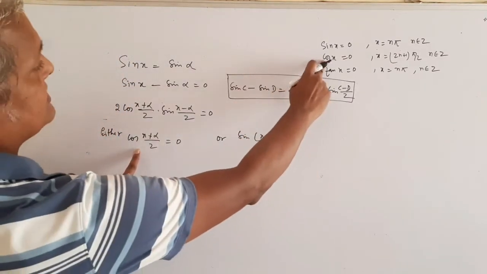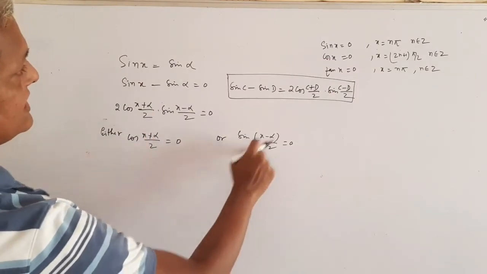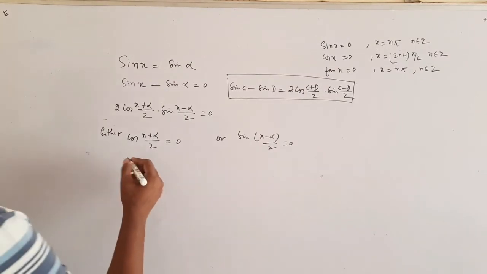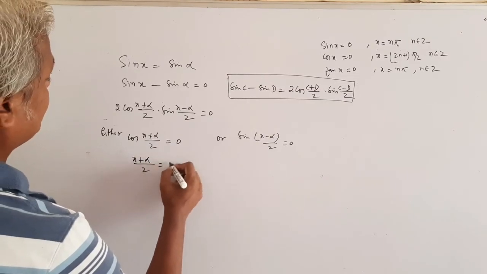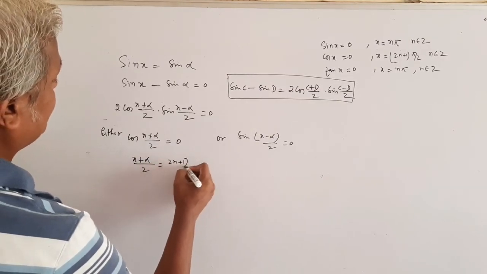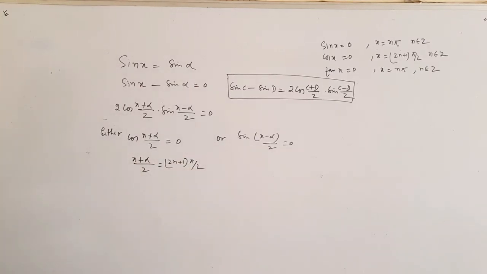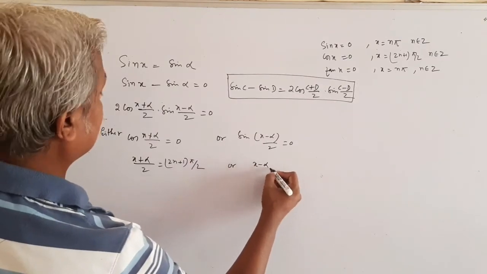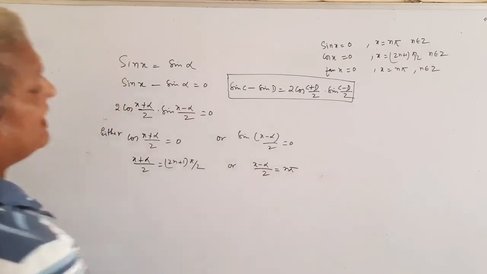When cos is 0, or when sine is 0, we can use these two relations which we have already proved graphically. So x plus alpha by 2 will be (2n plus 1) pi by 2, and here you have x minus alpha by 2 equal to n pi.